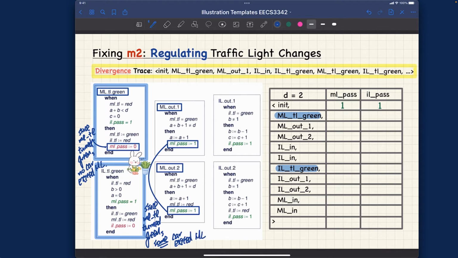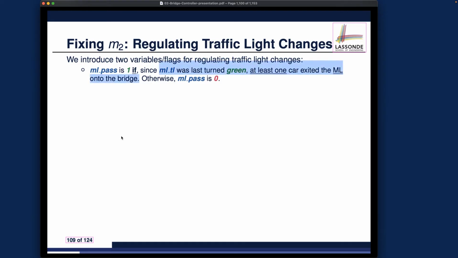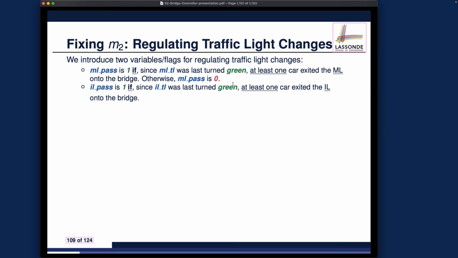It's very important for you just to see these three actions over here actually correspond to exactly what we just said about the definition. Okay, let me just highlight once more. So no car versus some car. Okay, and I'm just talking about this part of the definition over here for ML pass, which has two parts. Symmetrically, we have another variable on the island side.